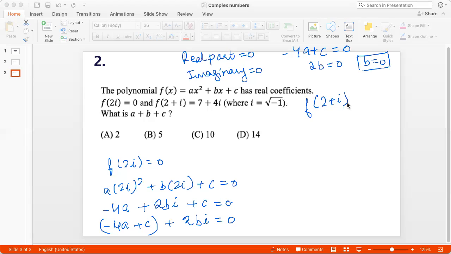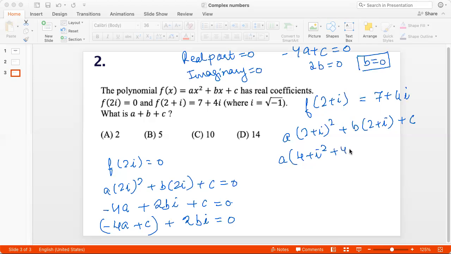f of 2 plus i is 7 plus 4i. So that will be a times (2 plus i) whole squared plus b times (2 plus i) plus c. So a times 4 plus i squared plus 4i plus 2b plus bi plus c.